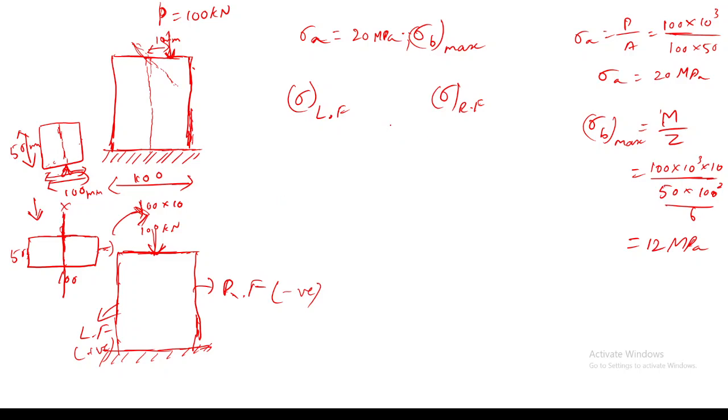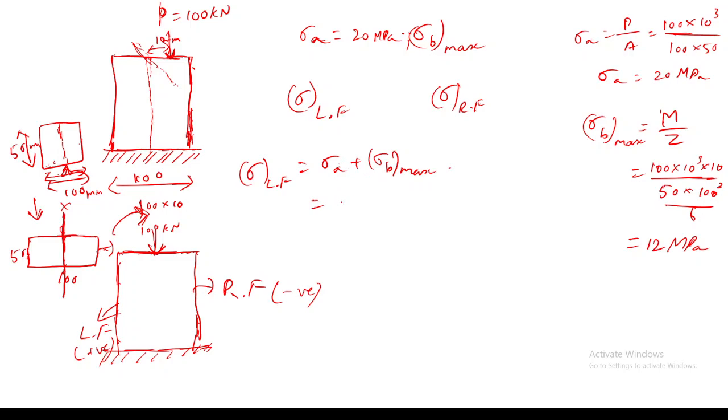Okay, sir. So can you say what will be the total stress at the left fiber? It will be 8 megapascal. So it will be sigma A plus sigma B max, which will be equal to, here sigma A is compressive, right?